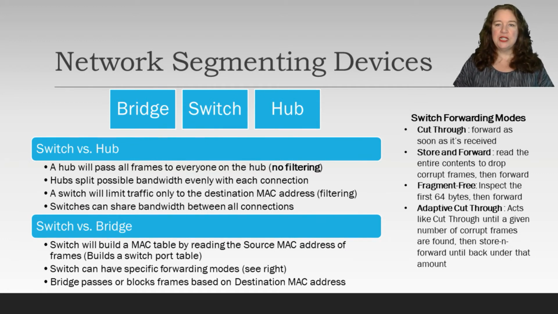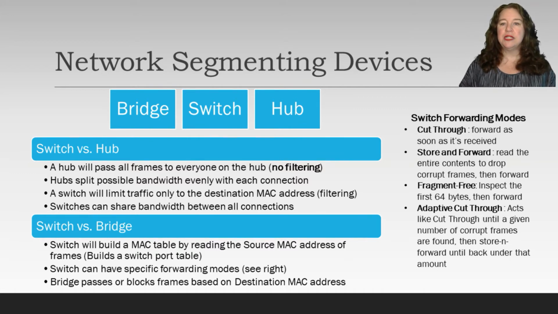The other thing about switches is that they have possible forwarding modes. You can choose to set up your switch to handle collisions better. So, of the different forwarding modes for a switch, the first one is cut through. As soon as it gets there, it reads the address and it moves it on. Forwards it as soon as it's received. It just goes straight through. It's the fastest, but it doesn't do anything to help you if there's any corrupt frames or if there's any problems.